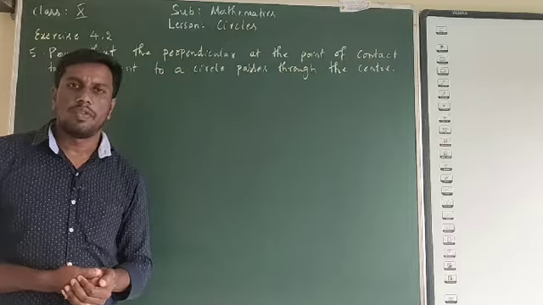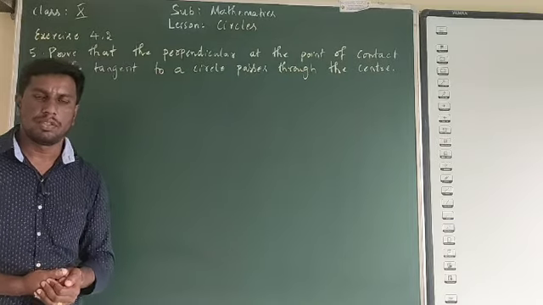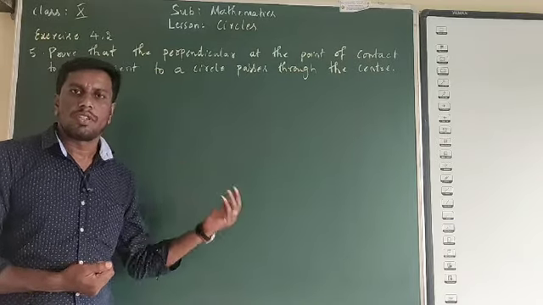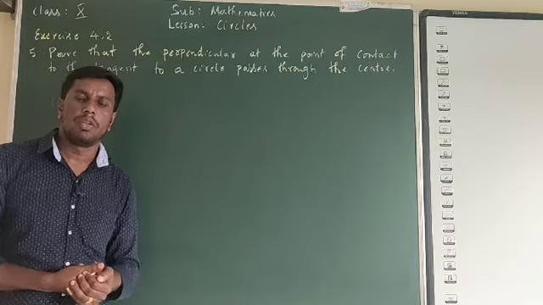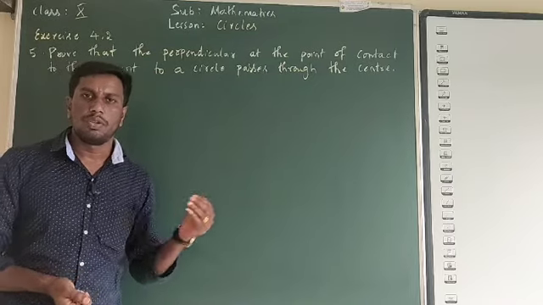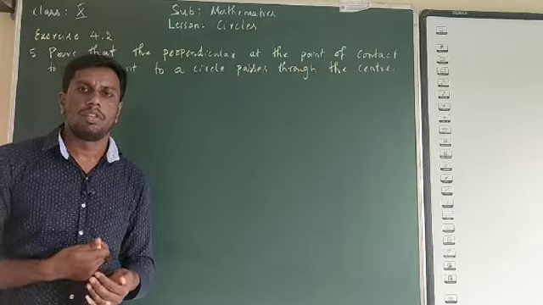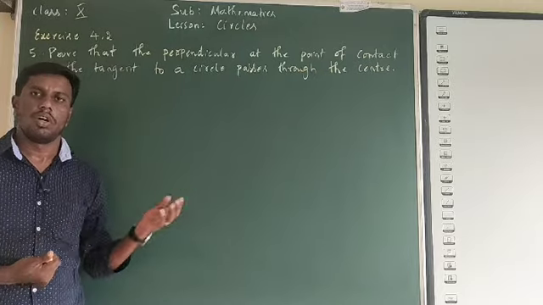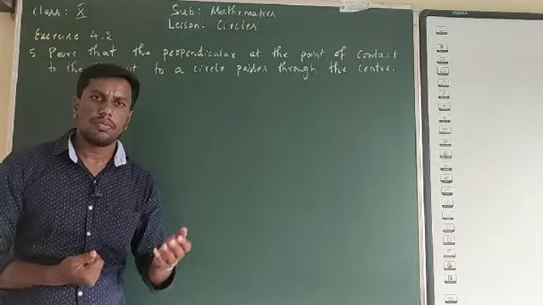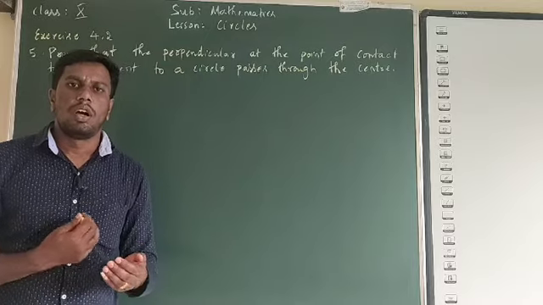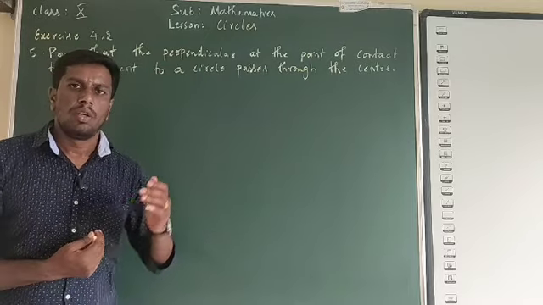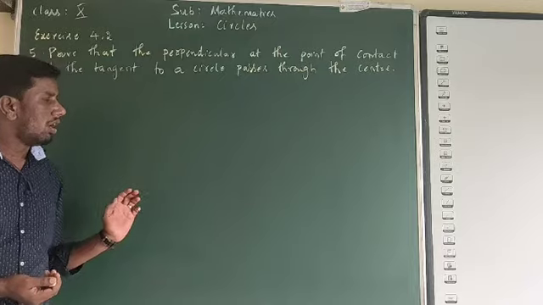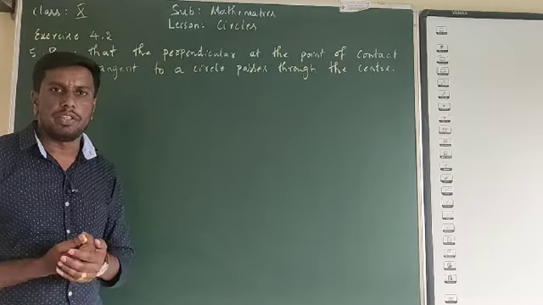As we know, we are discussing the circles lesson, and in that we are discussing exercise 4.2. In the last video I discussed the third and fourth questions, which are about finding a missing angle by considering a quadrilateral.